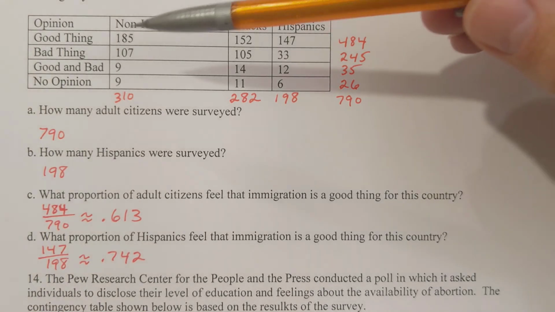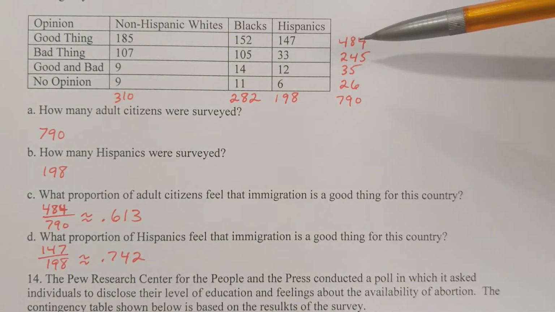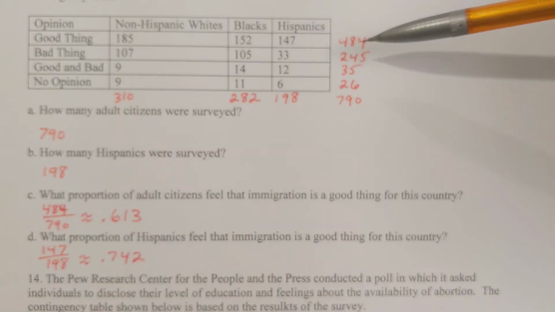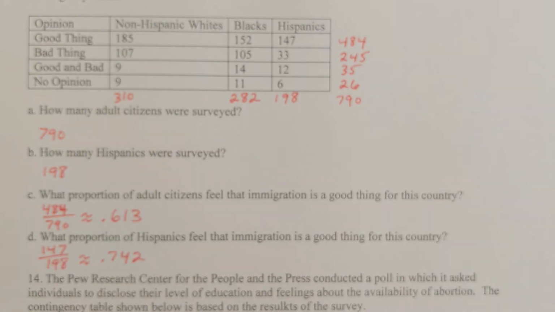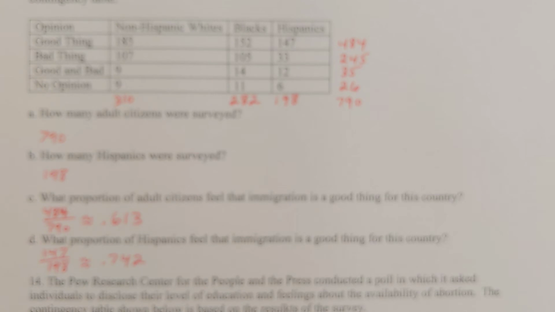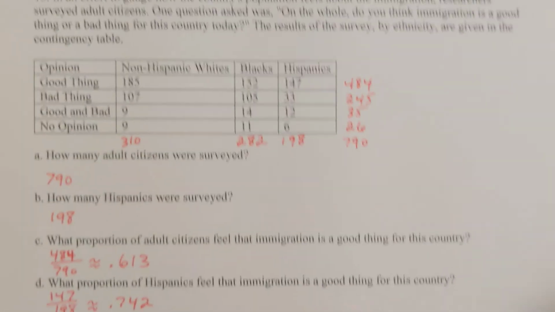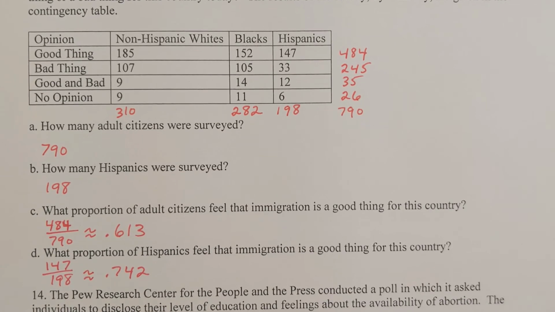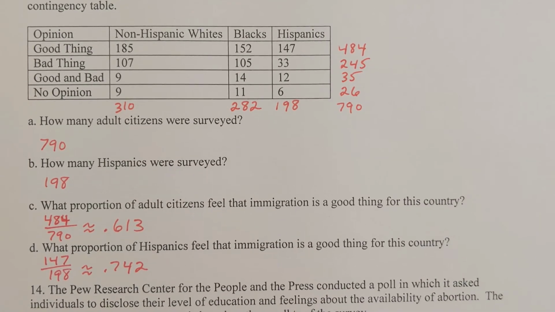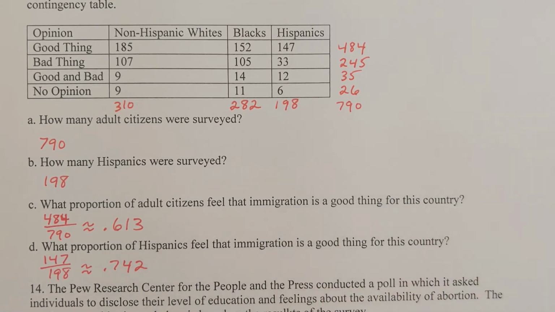Okay, so here's a good thing, the top row. So I want to take the top row and then divide by the total. So I take 484 and then divide that by 790, and I get roughly 0.613 or 61.3% feel that that's a good thing.